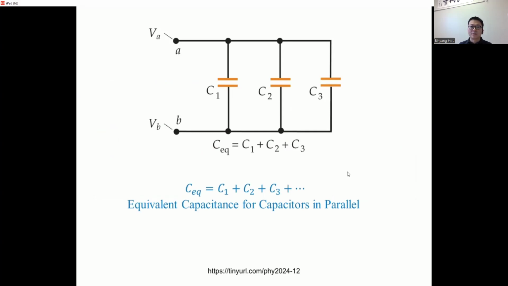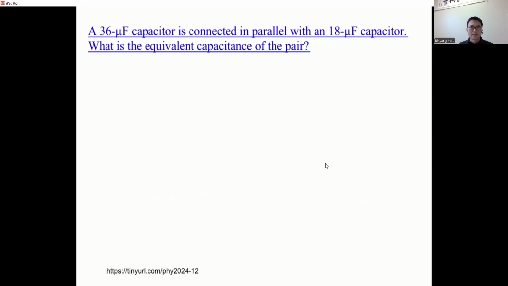Now let's take a look at a simple example. It says you have two capacitors in parallel. What's the equivalent? Okay, so simply we will just add them up, right?